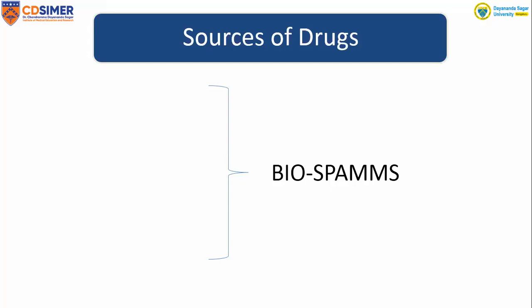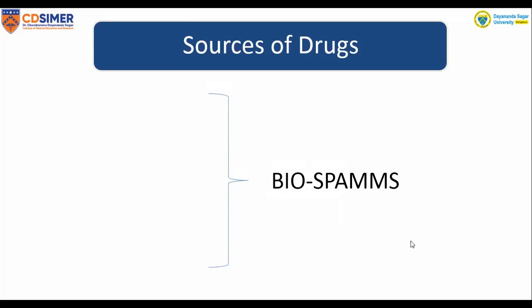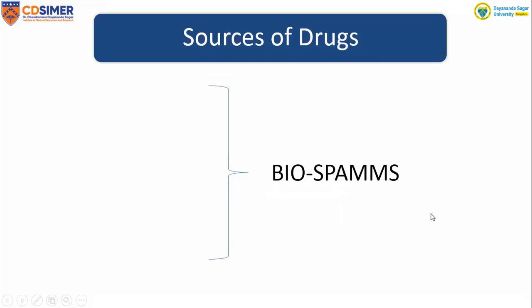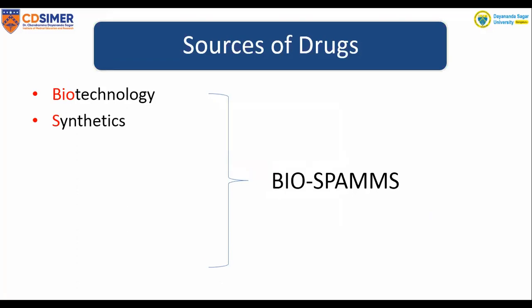So the drugs can be liquids, solids, or gases. Like this, drugs can be obtained from biotechnology: isolated cells, or we can modify the genes. Like insulin can be obtained from biotechnology.